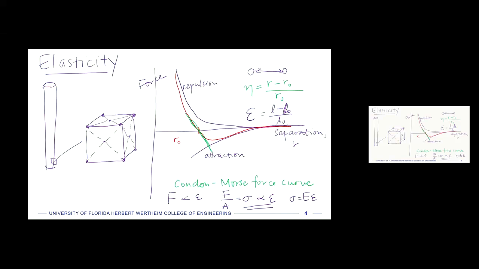So if I just look at this line and I say, what is the slope of it? It's the force divided by distance. It's essentially a spring constant, right? And so there could be a relationship between this curve and the elastic modulus if we somehow accommodate for that other dimension, right?